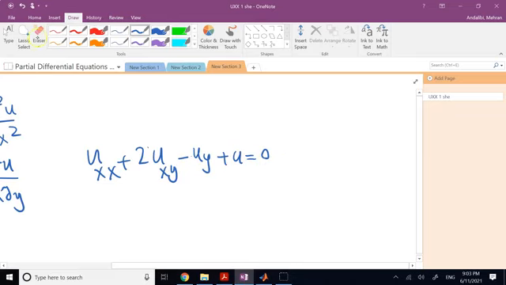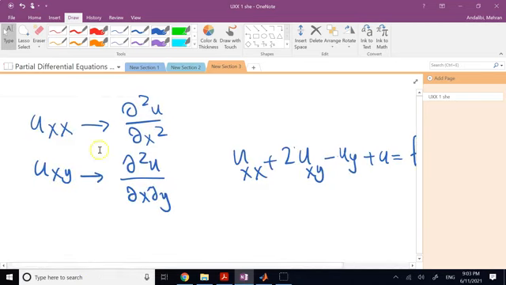But if on this right hand side I have a function of x and y but not u, then this is non-homogeneous. Okay, so the definition of homogeneous and non-homogeneous, linear and nonlinear, is very similar to ordinary differential equations. Keep that also in mind, because we need to get to that at some point.